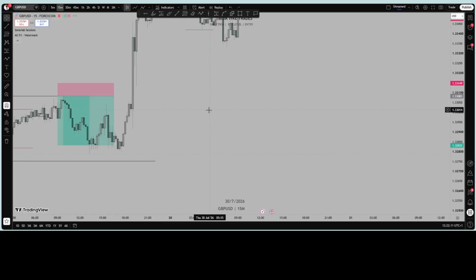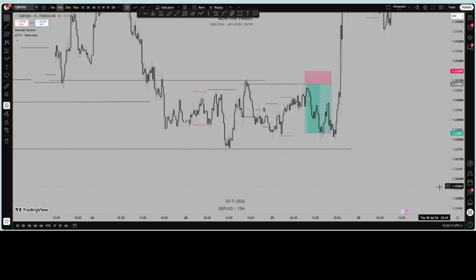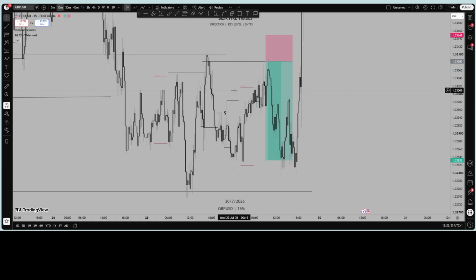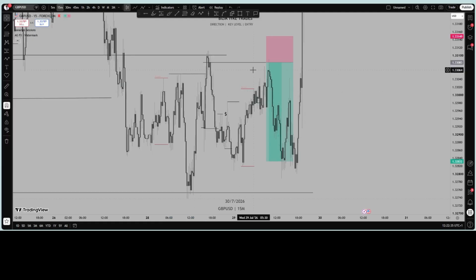On the 15 minutes time frame, price took out this previous high, took out some sort of liquidities. You see this Asian high liquidity and these old lows were taken. These old highs were taken and displaced to the downside, leaving back a fair value gap, and also we have a liquidity. All I needed to do is execute.